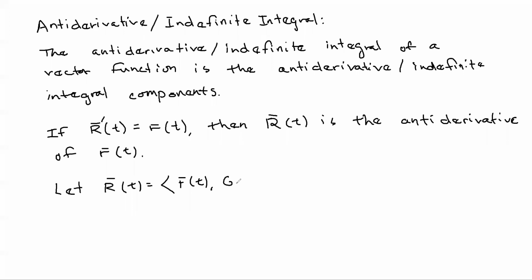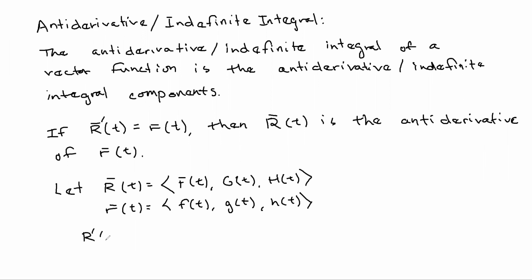It's a component of a vector. And lowercase r of t equal lowercase f, lowercase g, and lowercase h. Right, given these two, we can first find our capital R prime.